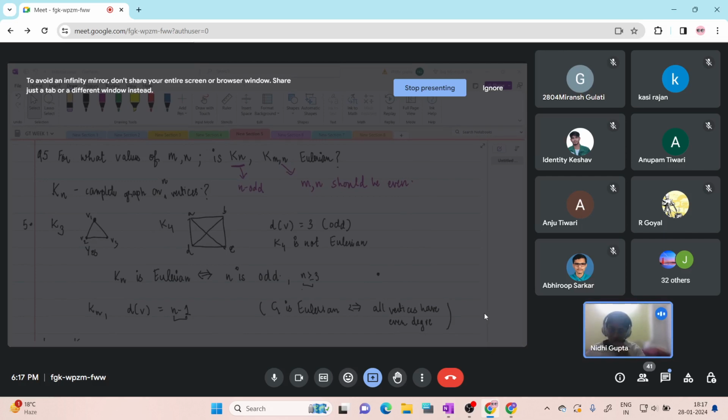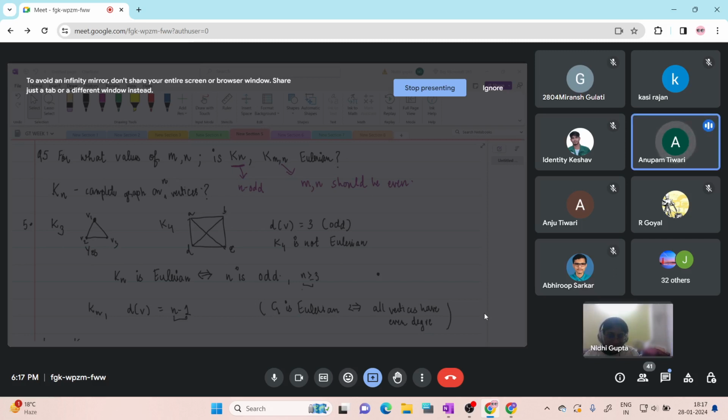Eulerian graphs are a special kind of graph. Basically, if you are modeling something in the form of a graph and you want to check whether there is a path which covers all the edges, then this gives you an answer.